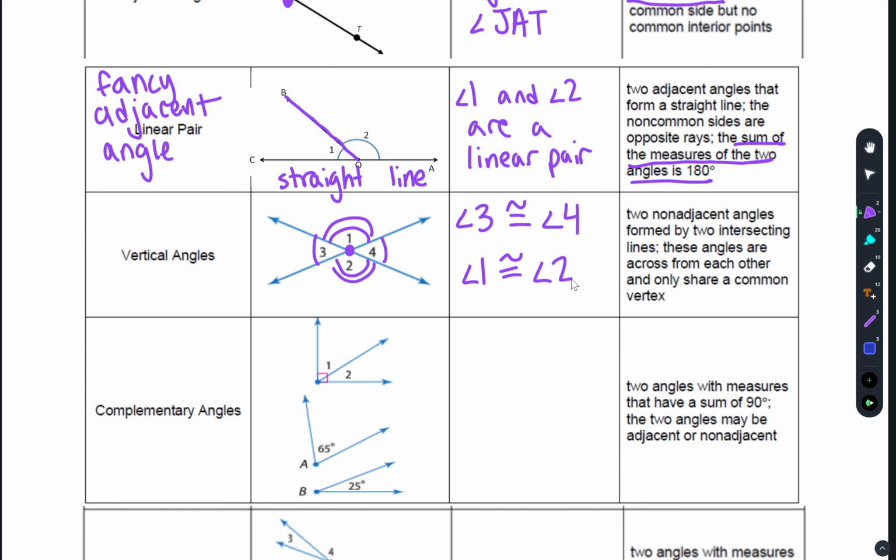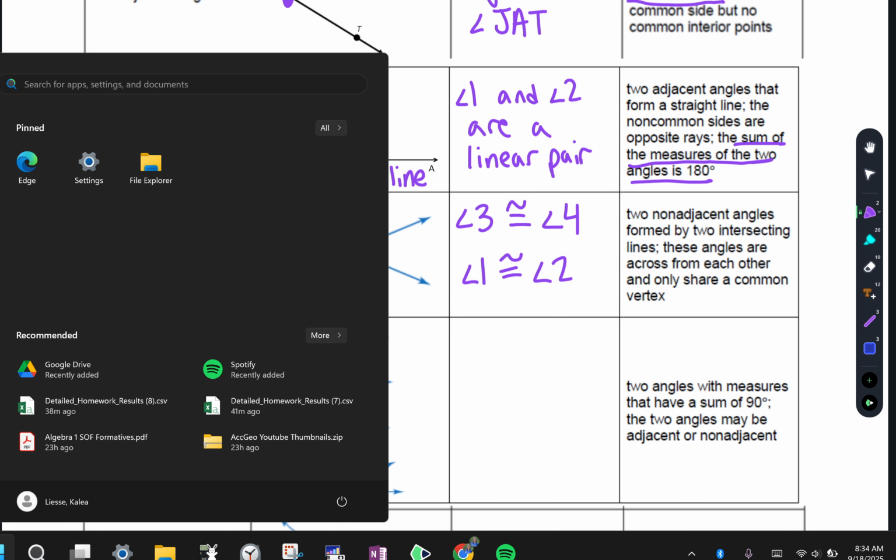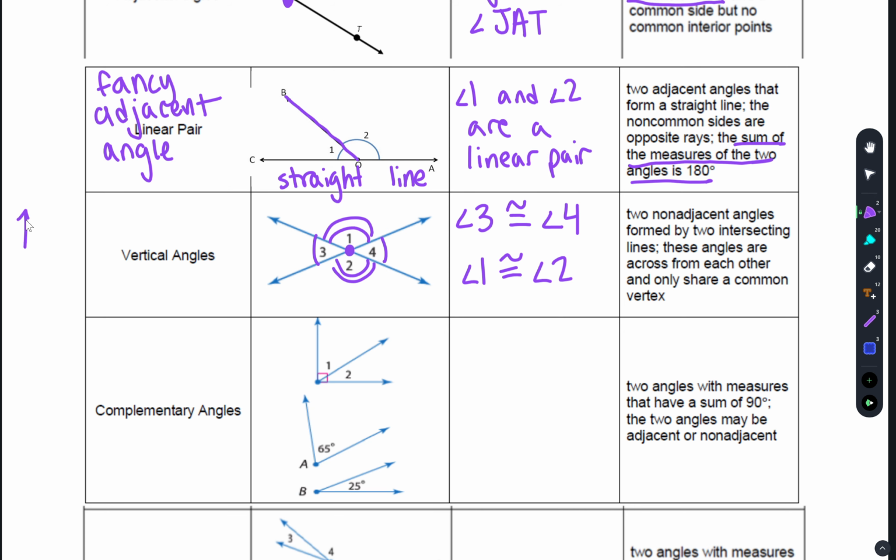Now, sometimes it can be tempting when we see something like this. I see this all the time. You see this and you're like, oh, vertical angles here and here. That is not considered a vertical angle because it is not an X shape.